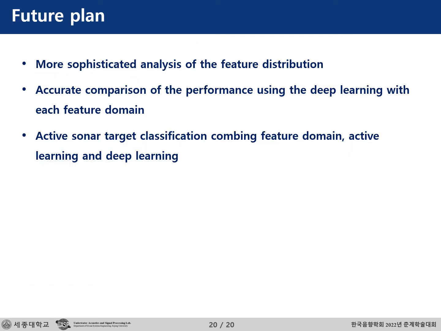For the next step and future plan, a more sophisticated way to compare feature domains using feature distribution analysis will be performed. Also, an accurate comparison of the performance of each feature domain will be required and performed using deep learning. This will suggest maybe the same prior or different prior feature domain we should go for.